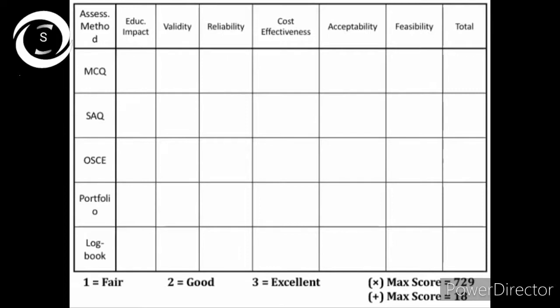So the maximum score by multiplying all the 6 values can be 729, and by adding it can be 18. So that's the utility index formula.